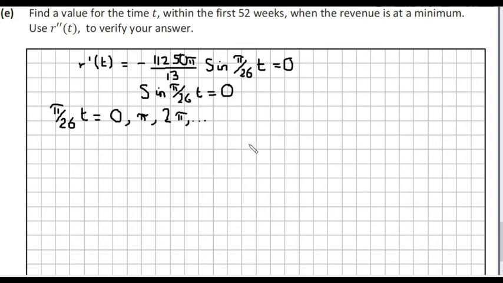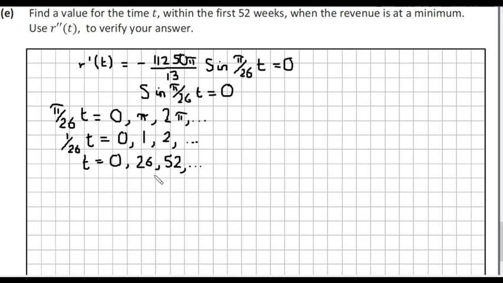Dividing across by pi, 1 over 26 t equals 0, 1, 2, and so on. Multiplying across by 26, t can equal 0, 26 weeks, 52 weeks, and so on. These values are where the revenue is at a maximum or a minimum.